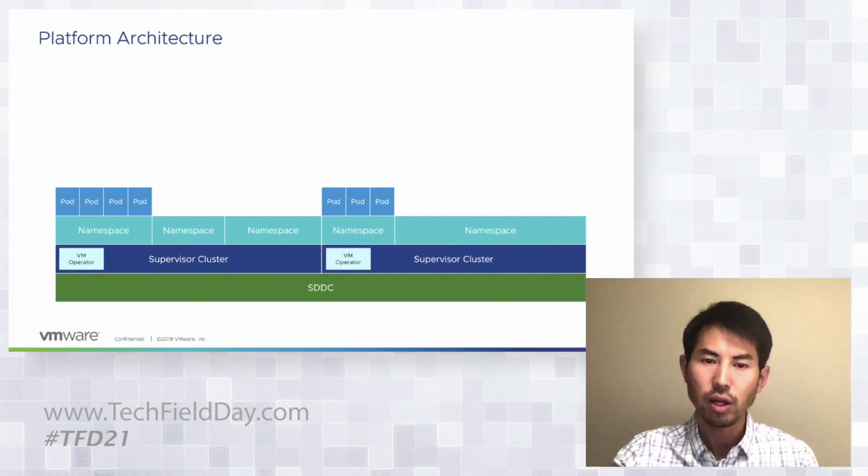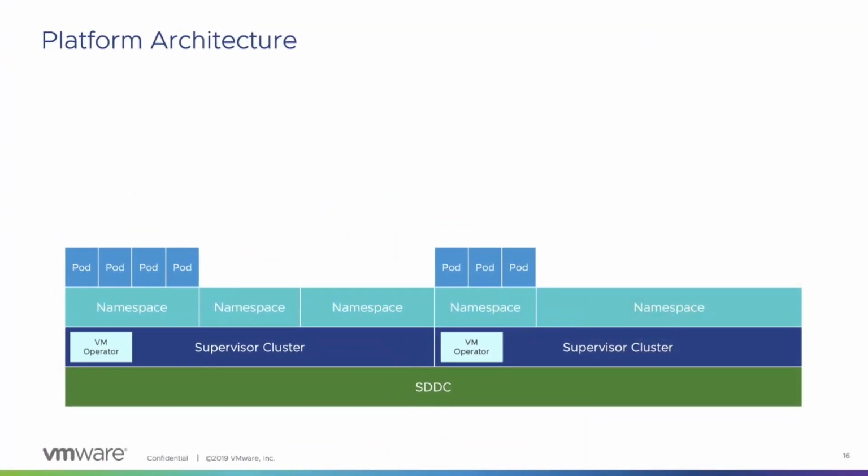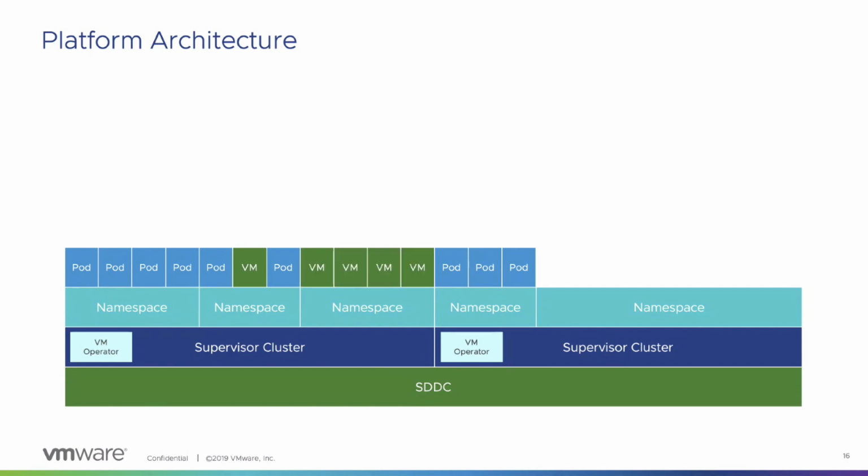With the virtual machine operator running on the supervisor cluster, a developer can deploy not only pods, but also virtual machines as well. This virtual machine operator is not available today yet, but it will be available soon in a future release. And you can, of course, deploy more virtual machines in the namespace.